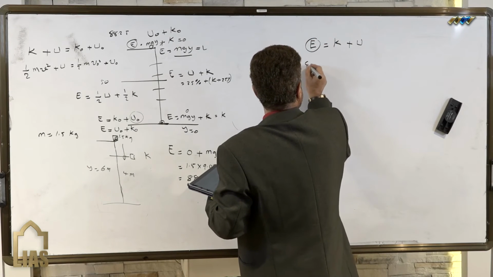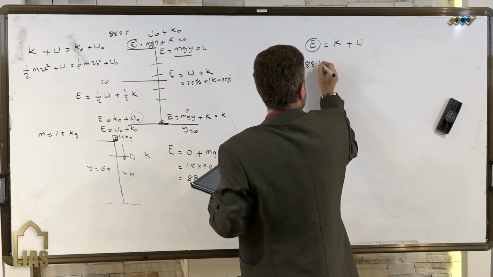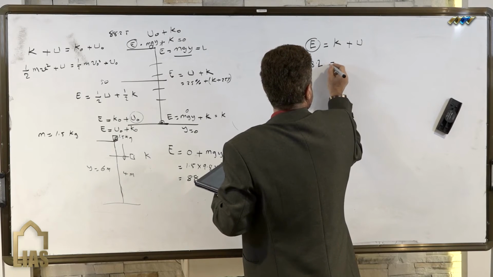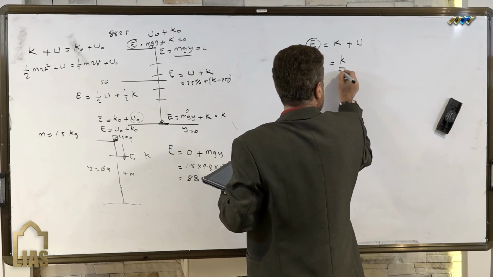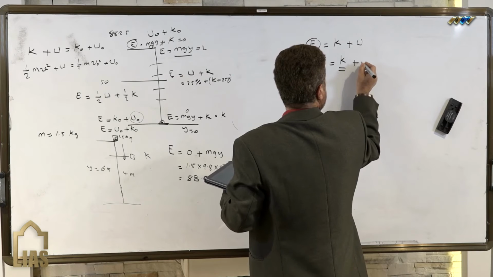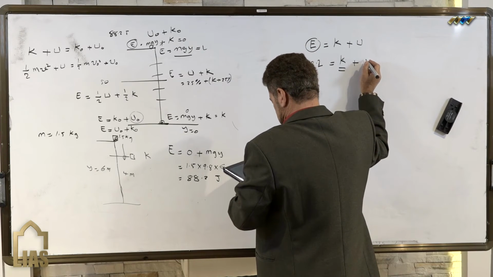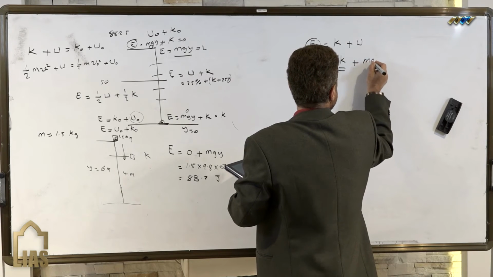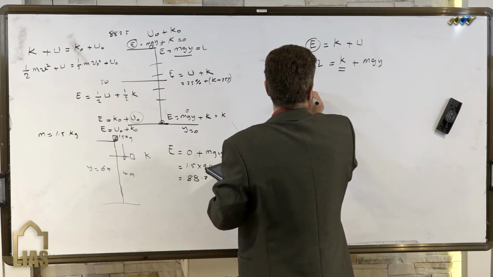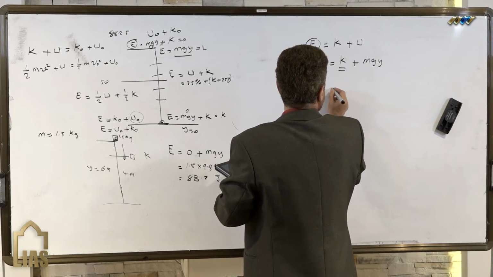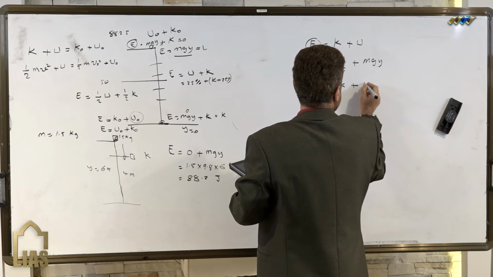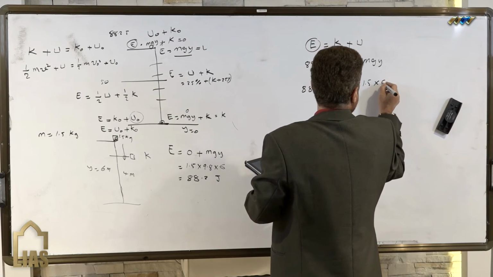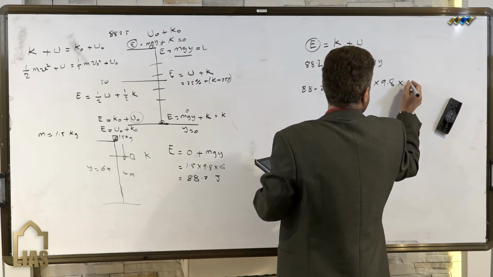This here is 8.2. It's equal to K, this is wanted, and the U at 4 meters, mgy. 8.2 is equal to K plus 1.5 times 9.8 times 4.